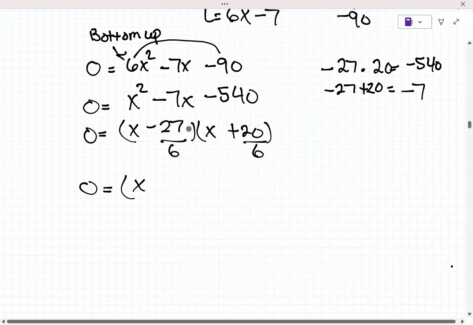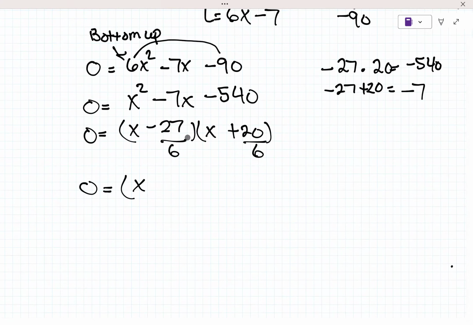And then what you want to do is try to reduce as much as you can. So this 27 over 6 can be reduced by 3. So that would be -9, and 6 divided by 3 is 2. The same thing here, 20 over 6 can be reduced by 2.